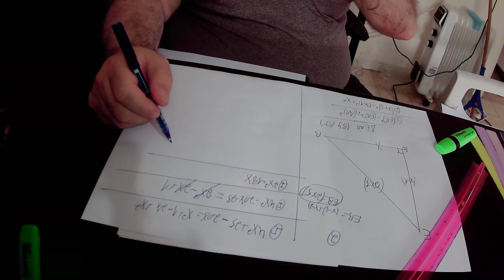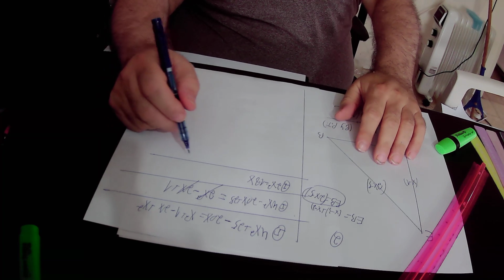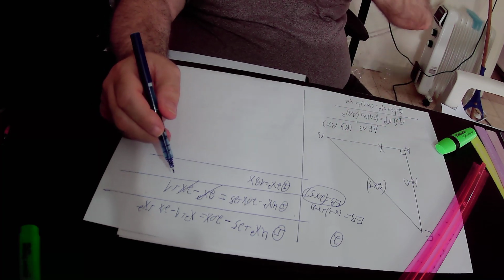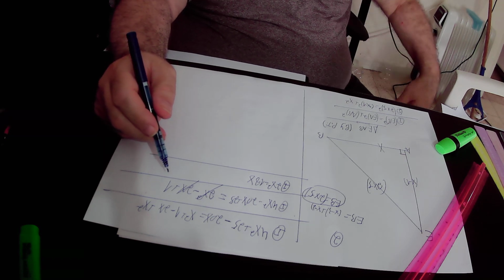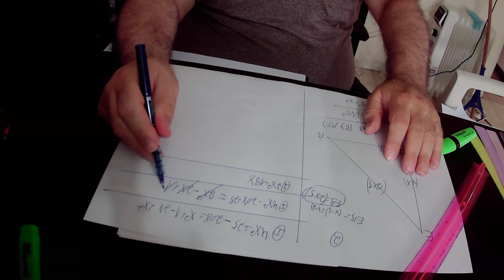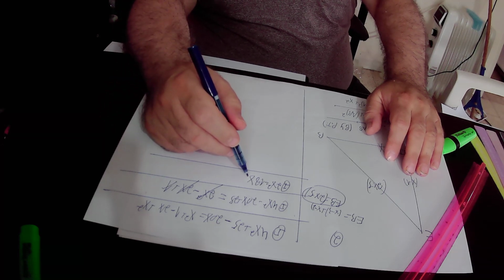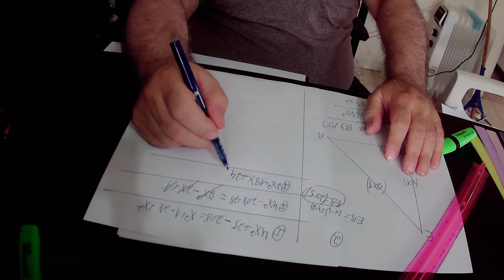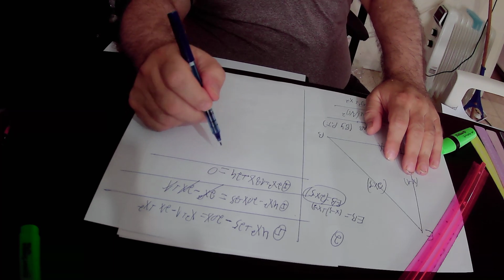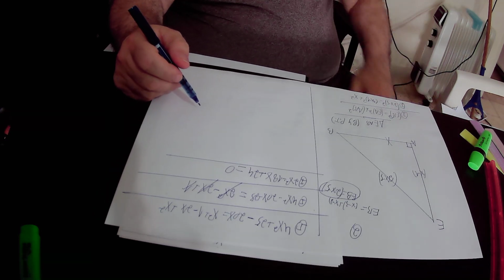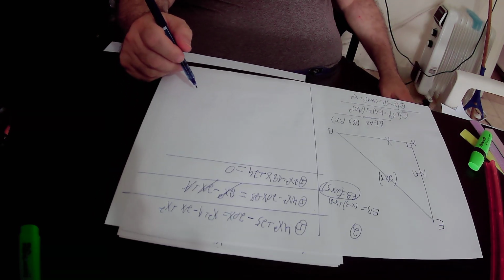So here we have 25 on this side of the equation and 1 on the other side of the equation, so we'll subtract 1 from this equation, equation number 1, and we get that 1 minus 1 is 0, and 25 minus 1 is 24. It is equal to 0. In conclusion, we found out that according to equation number 1, 2x squared minus 18x plus 24 equals 0.